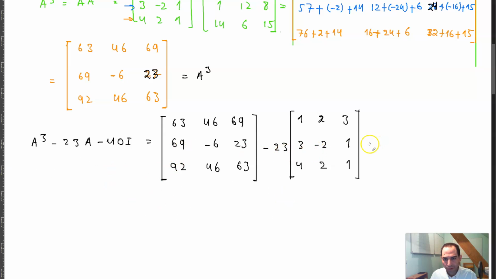and negative 40i. I is basically the identity matrix, the kind of matrix of the same order 3 by 3, where only the elements across the diagonal are 1 and all the other elements are 0. So you have 1, 0, 0, 0, 1, 0, 0, 0, 1, right?